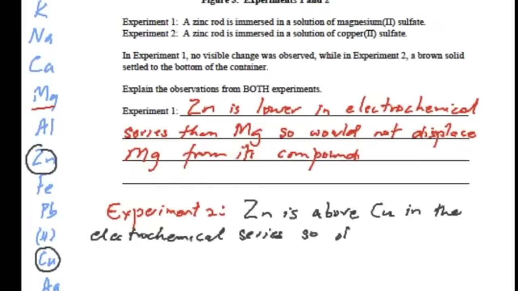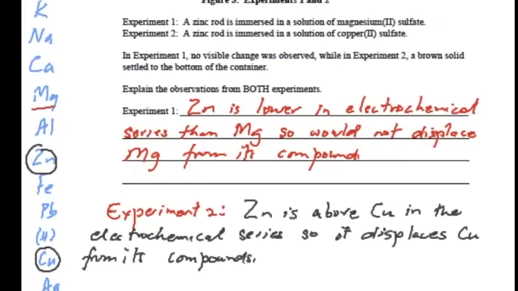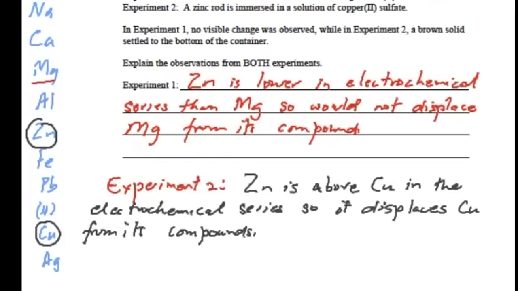So it displaces or takes the place of copper from its compounds. So the brown solids that we see, that's copper falling out of solution. They don't really ask us for the equations or anything. So the brown solid would just be copper falling out of solution because zinc would have taken its place.